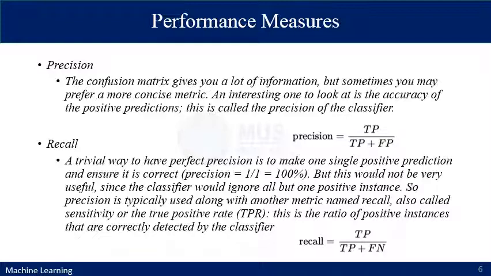So for a multi-class problem, you can augment the confusion matrix to have multiple rows and multiple columns, exactly like the binary classifier. The confusion matrix gives you a lot of information, but sometimes you may prefer a more concise metric, and precision is one of the metrics which is more precise than the accuracy.